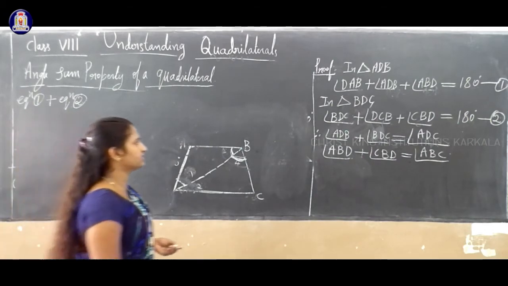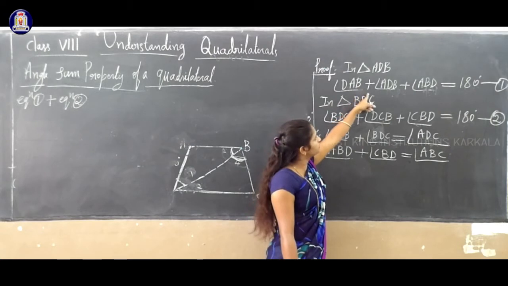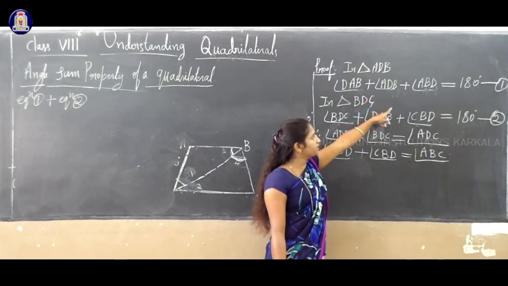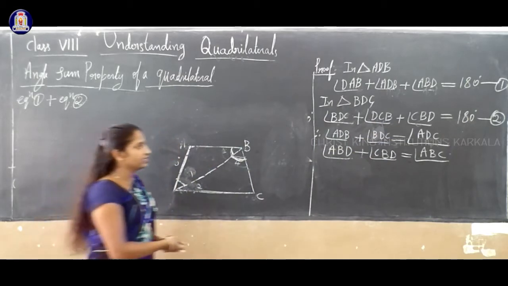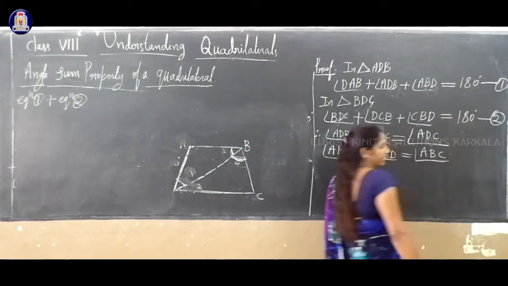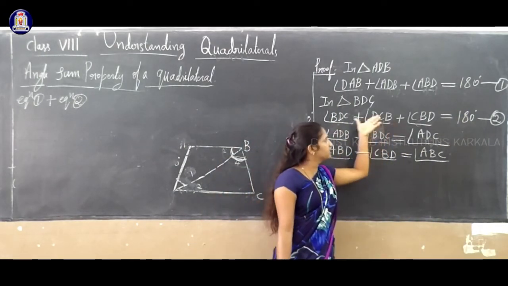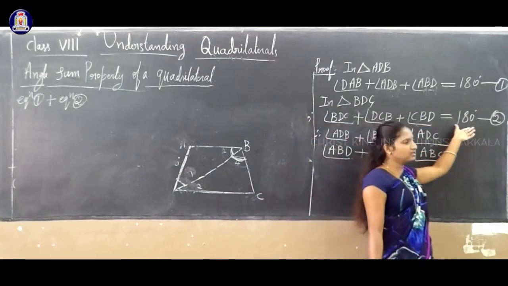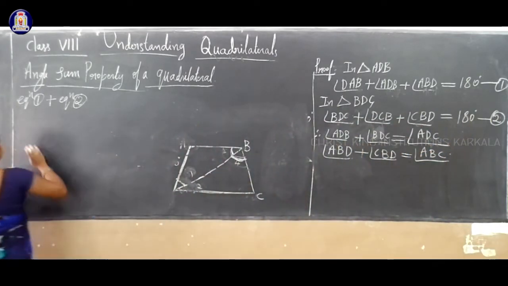So now equation number 1, see here, DAB plus ADB plus ABD. See the left hand side, equation number 1, left hand side is this and right hand side is 180 degree. Similarly in equation number 2, left hand side is this one and right hand side is 180 degree. So you have to add left hand sides.